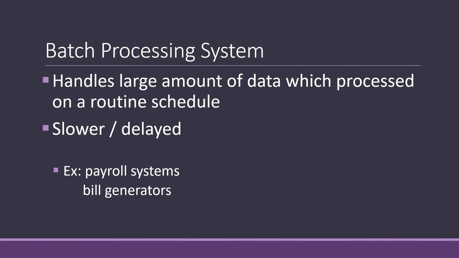So these batch processing systems are slower and delayed. It will take some time to deliver the output. Examples can be payroll systems, bill generators, and also weather report generation systems. Those systems collect information over a time and give out the final report or the output after a certain period of time.